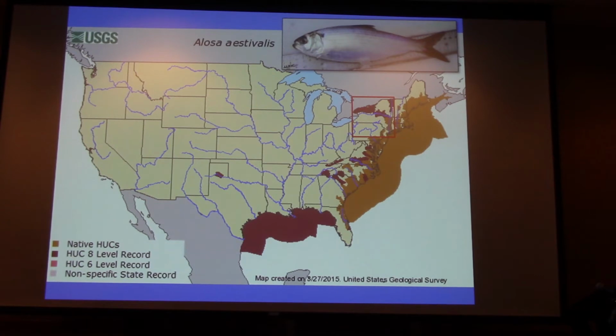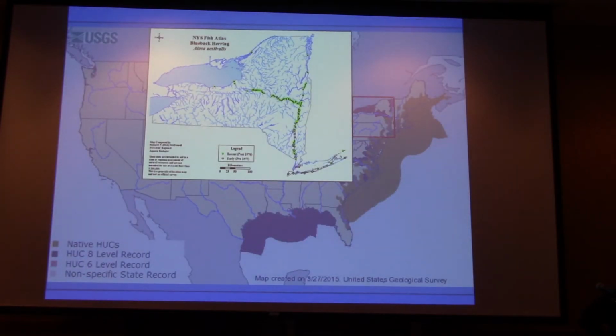If you look at the map, and this is probably super familiar to everyone, the native range for blueback herring is here in this tan, so they're pretty widely distributed along the Atlantic coast. If you zoom in to the red box in New York, you're probably even more familiar with the beautiful DEC graphic that indicates where blueback herring have been found in New York State.